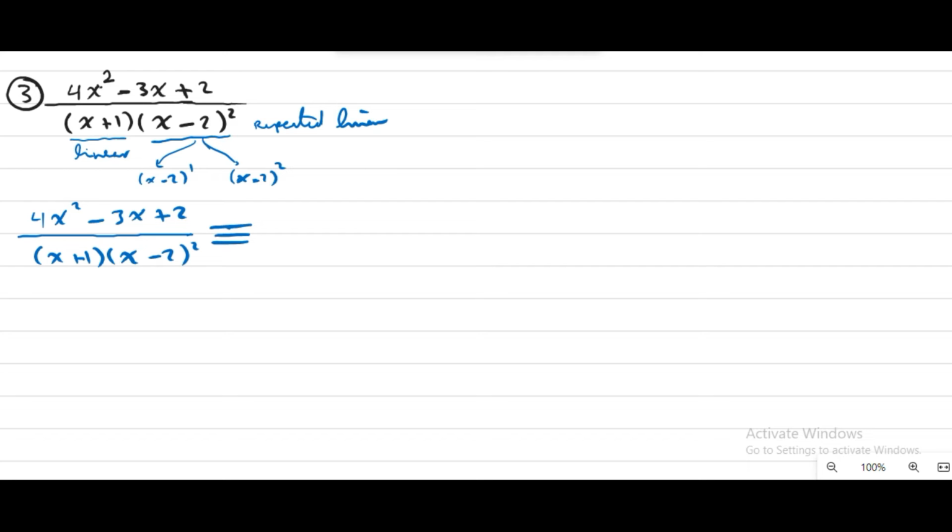That's how to write factors for a repeated linear factor. So 3 fractions. Put the first factor here, x plus 1, the second factor here, x minus 2 power 1, and the third one, x minus 2 all to the power of 2.